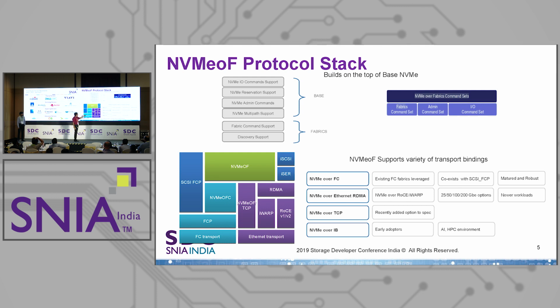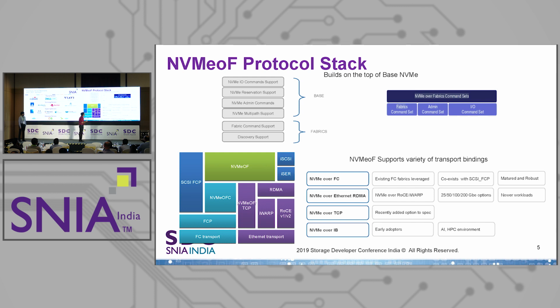As we have already gone through many of these things, NVMe supports RDMA and non-RDMA transports. When we talk about RDMA, it is done by RoCE, iWARP, or InfiniBand, which has been covered in many slides earlier.